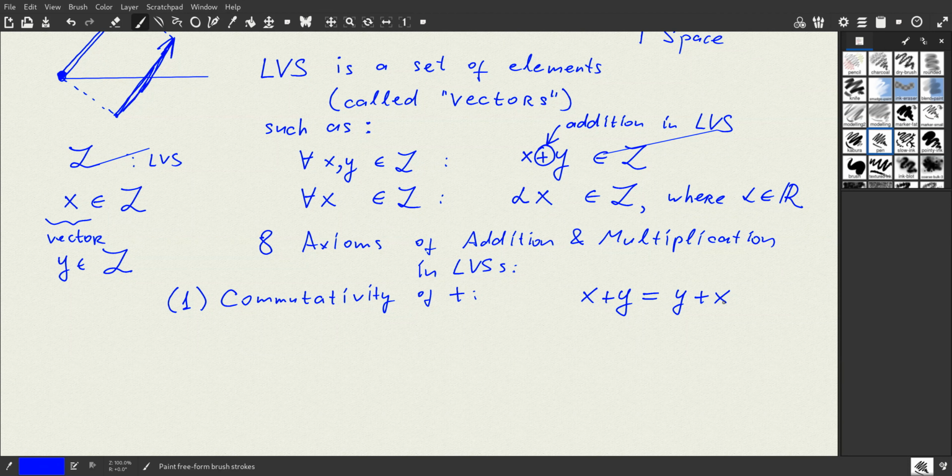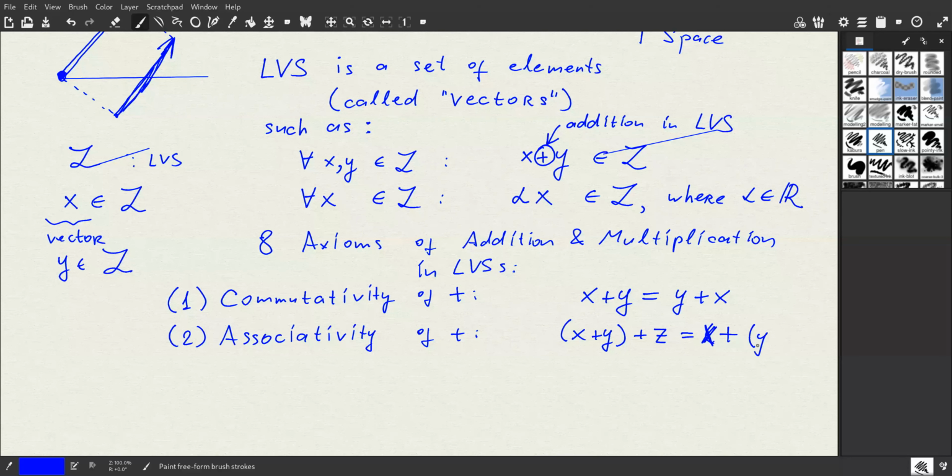Then it is associativity of plus, which means that (x plus y), a certain vector, plus z, another vector, is the same as x plus (y plus z).